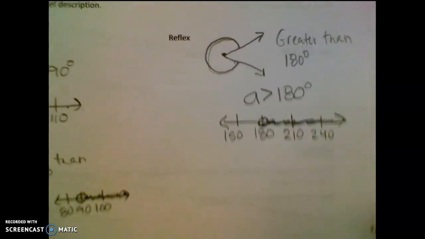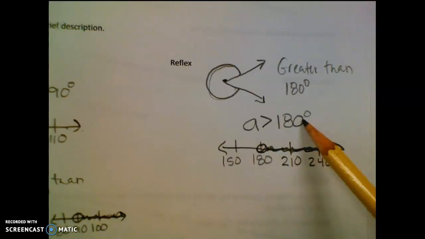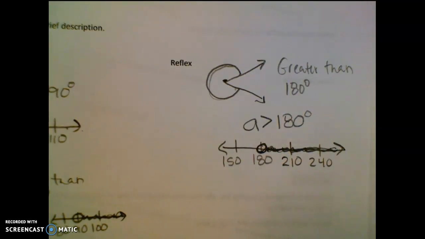And for the reflex, it would be an inequality. A, the angle, needs to be greater than 180, so we have an open dot, and then we're going this way. These are all the angle types that could be considered reflex.